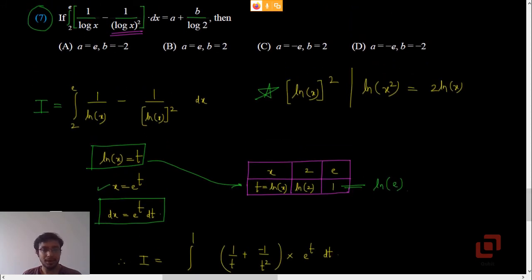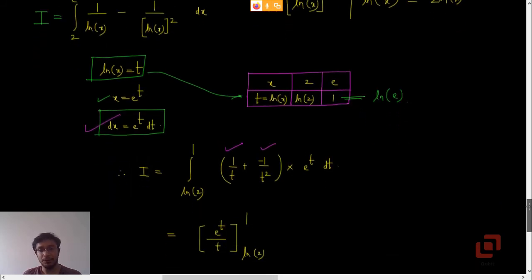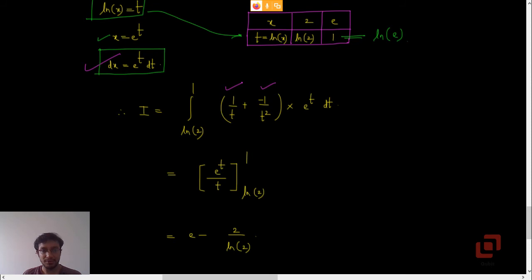Then we rewrite the given integrand in terms of our new function as well as the differential dx. 1 upon log x is 1 upon t, minus 1 upon square of log x is minus 1 upon t squared, and dx is e to the power t dt. And now this has simplified to the standard type. What is it?